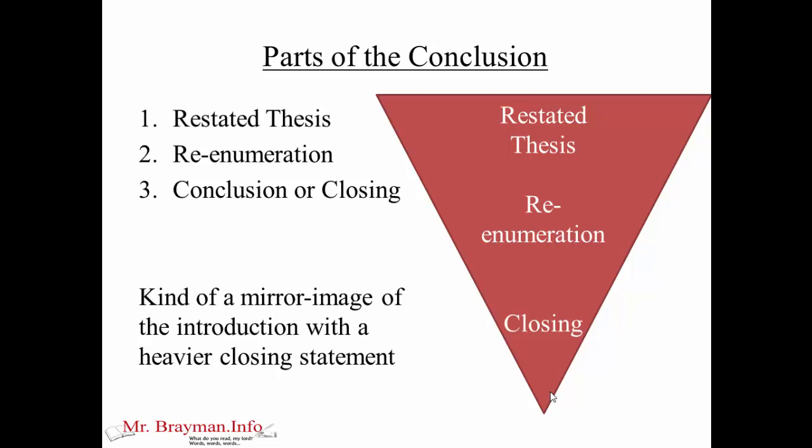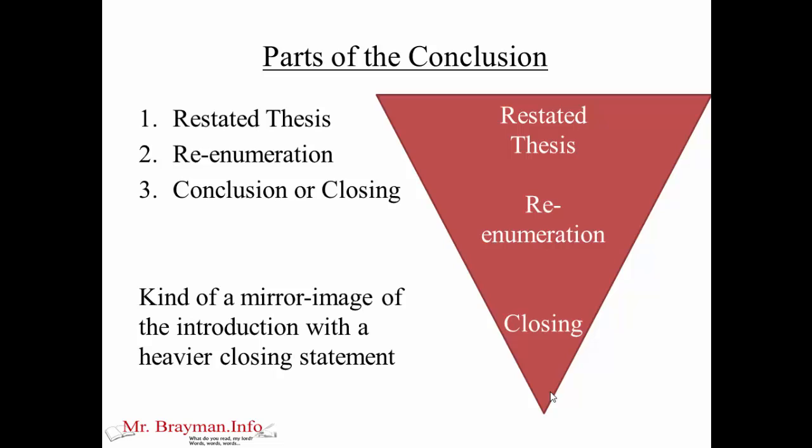It restates the thesis, then it goes through the enumeration again and reviews the big points, which may seem repetitive to you, but especially in a longer essay, when you start writing 5 and 10 page essays, it's easy for your reader to forget what happened in the body paragraphs early on. Body paragraph 1, body paragraph 2.